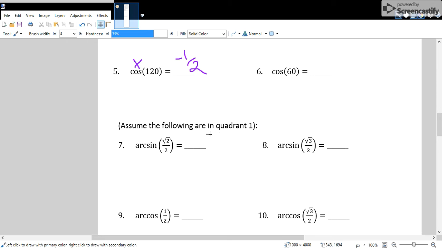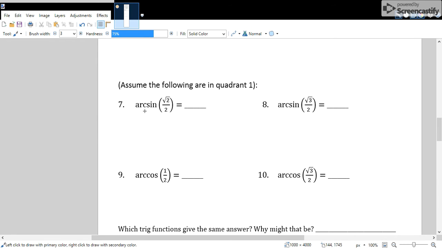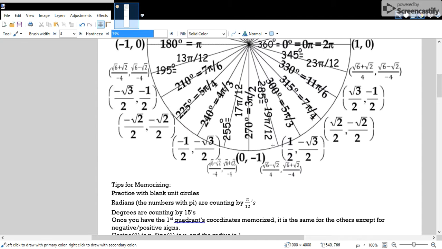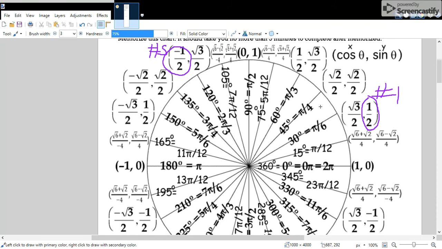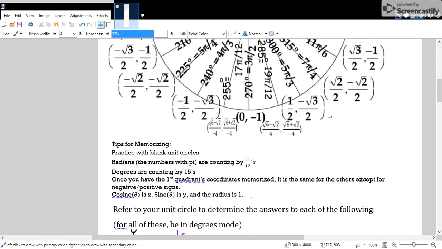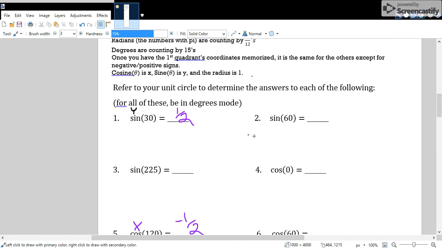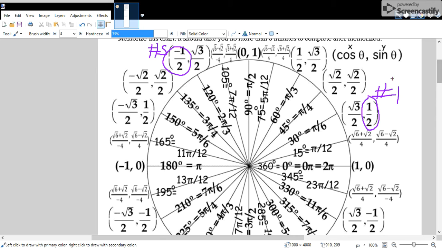So we're going to assume that the following are in quadrant 1. So if we look at number 7, arc sine of radical 2 over 2, we go to quadrant 1 and find radical 2 over 2 for a y coordinate. And that's right here. So our angle would be 45 degrees. That's for number 7.